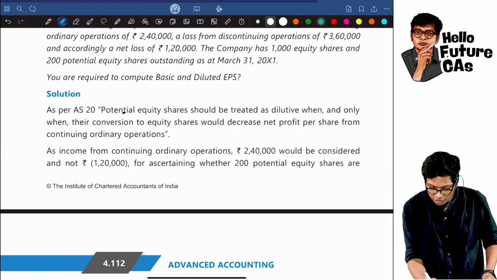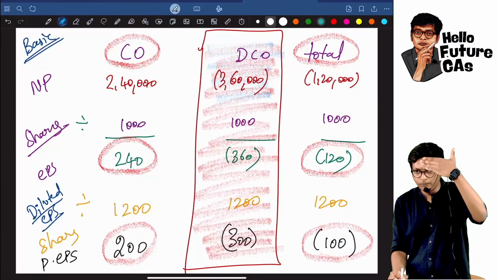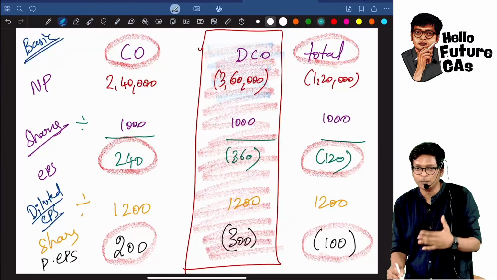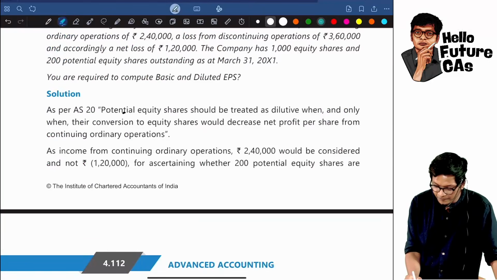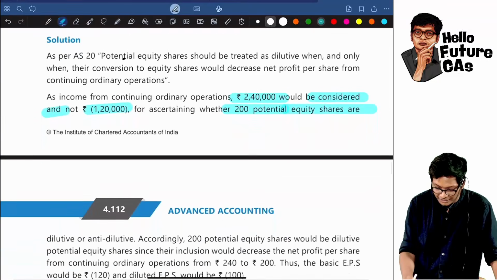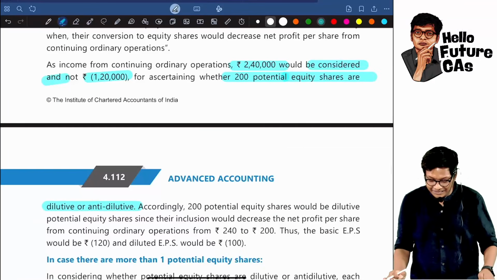Listen, have you understood so far? Till here you understood? What we did is we just placed the given numerator and given denominator and solved the sum. Now, if you get here, it says income from continuing operation 240 would be considered and not 120 for ascertaining whether 200 potential equity shares are dilutive or anti-dilutive.